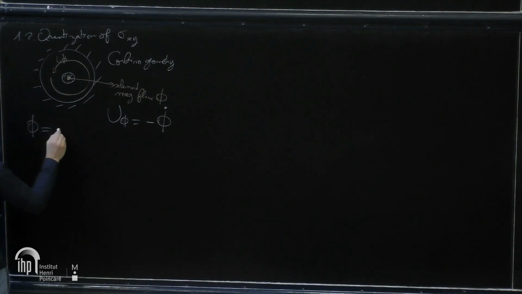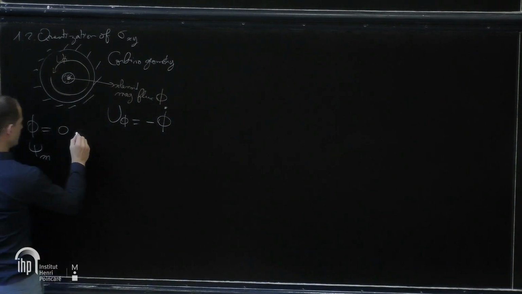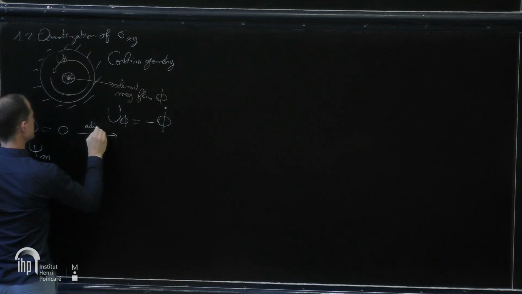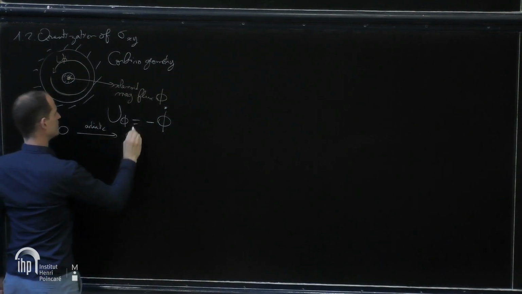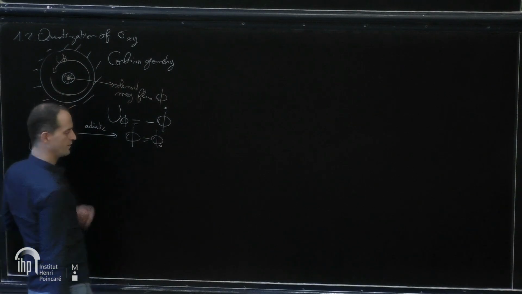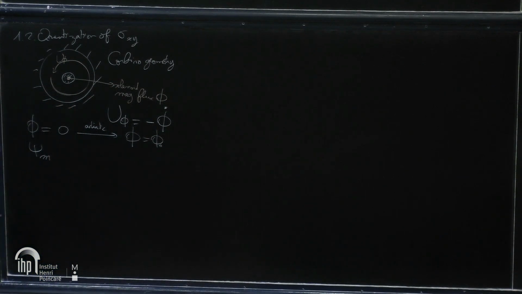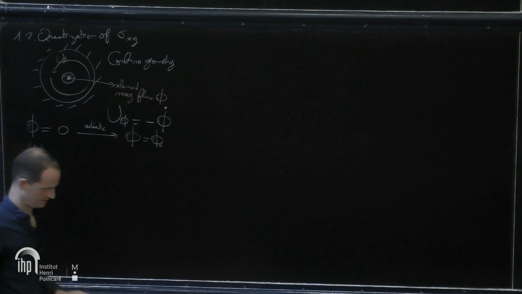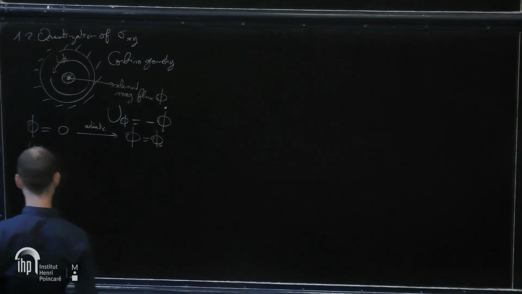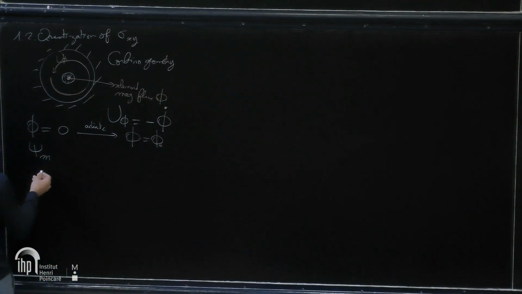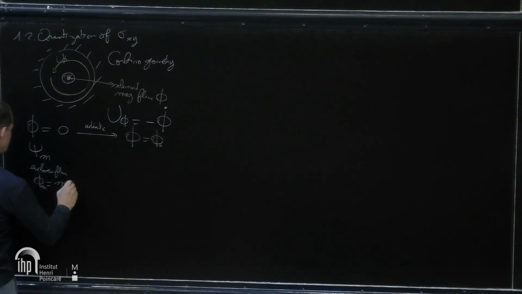So let's start with phi equals 0 and assume that we start in the state psi m. And we increase, so it should be adiabatic, we increase phi up to 1 unit of flux quantum phi 0. So then it's easy to understand what happens because I remind that psi m encloses a flux which I called phi m, which was m phi 0.